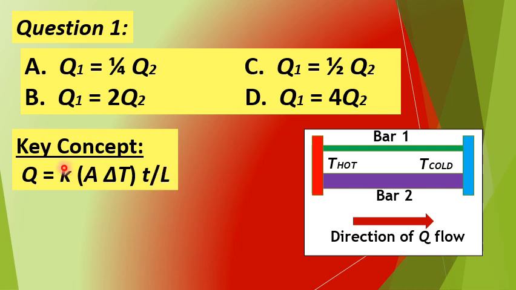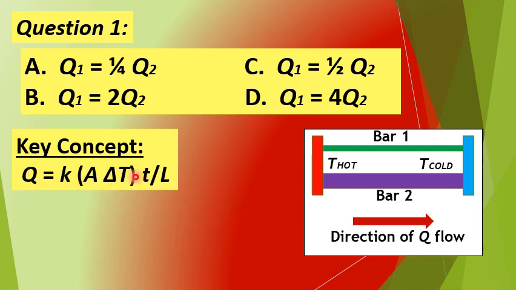Earlier, we introduced the meaning of rate of thermal energy conduction, denoted by big Q divided by small t.